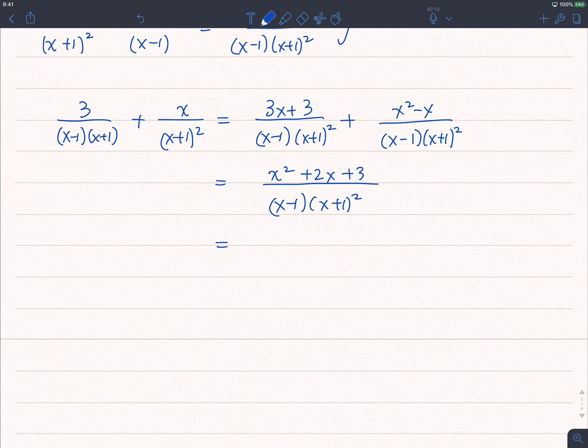And as I mentioned in the first example, if we can factor what's left in the numerator, let's do it, just in case one of its factors cancels with one of the factors in the denominator. And in this case, x squared plus 2x plus 3 factors as x minus, oh no, it does not.